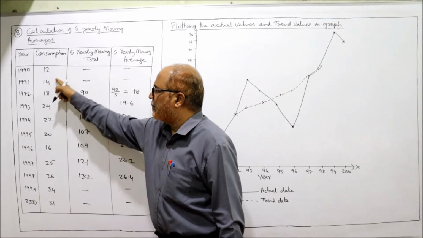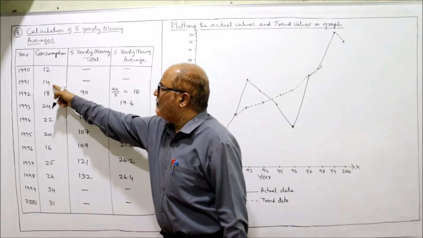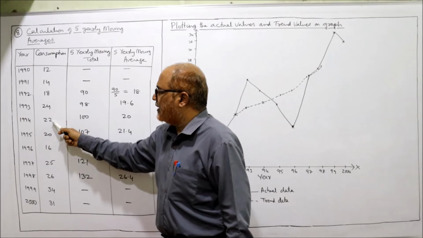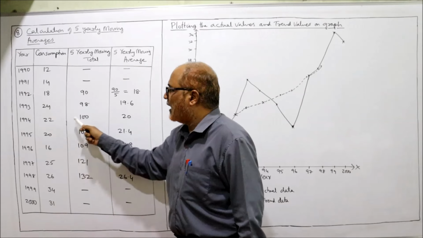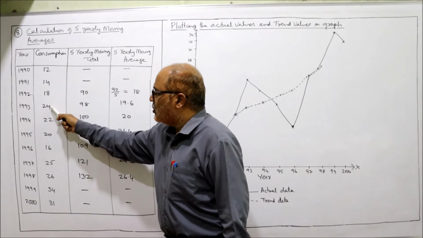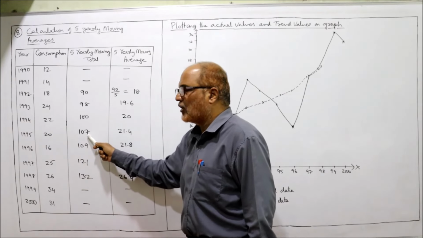These 5 years you add up and put it in the middle, 98. Then leave the first 2 and the next one. Then 18 plus 24 plus 22 plus 20 plus 16. Add up these 5, you will get 100. Then leave the next one. 24 plus 22 plus 20 plus 16 plus 25. Add up, you will get 107.